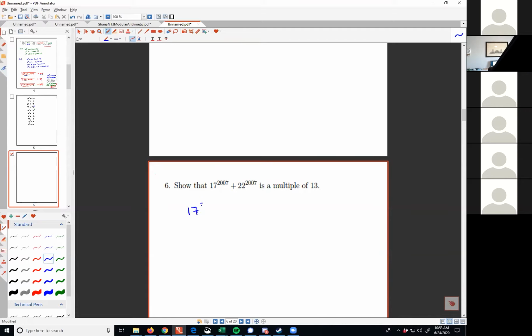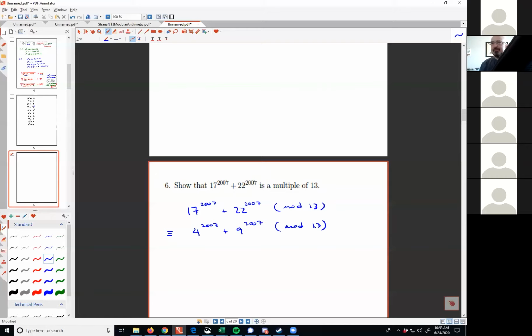Well, in modulo 13, 17 is 4, and 22 is like 9. Good. This is congruent to 4 to the 2007th plus 9 to the 2007th. And hey, we just knocked off a few hundred digits. We took 2 gigantic numbers and made them into less gigantic numbers. Okay. So we're still not there yet, but this is a start.